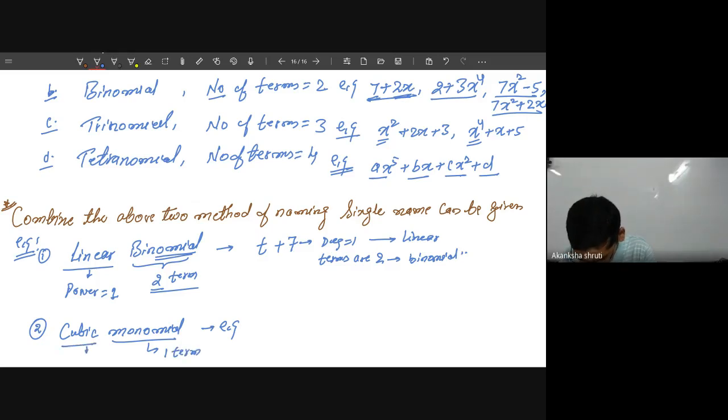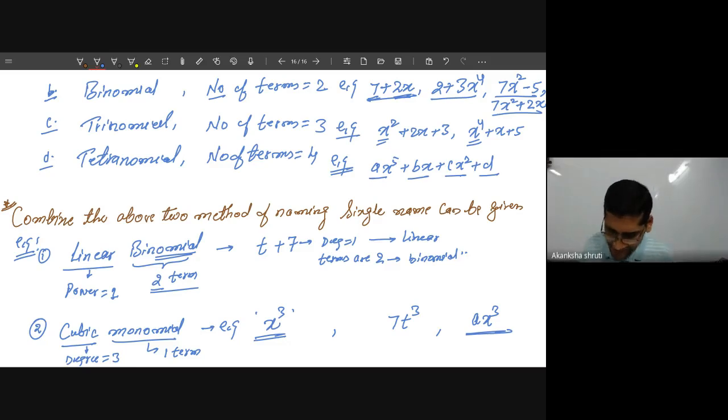Cubic means the power or degree should be 3. So if you are just writing x cube, this itself is it. Other example can be, say, 7t cube. You are free to take any real number. So general form is that if you are taking ax cube, it is this one. Okay, so this way you have to understand.